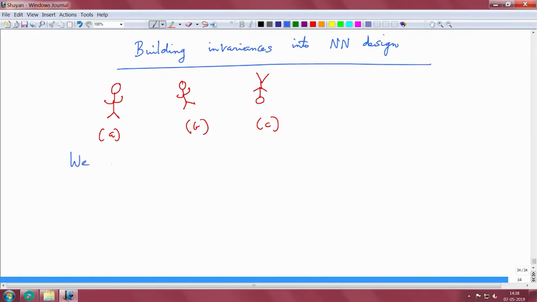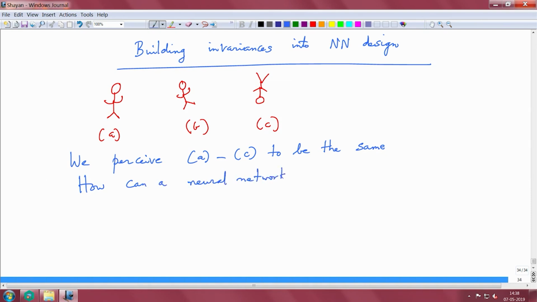We perceive A through C to be the same, how can a neural network take care of this, right?